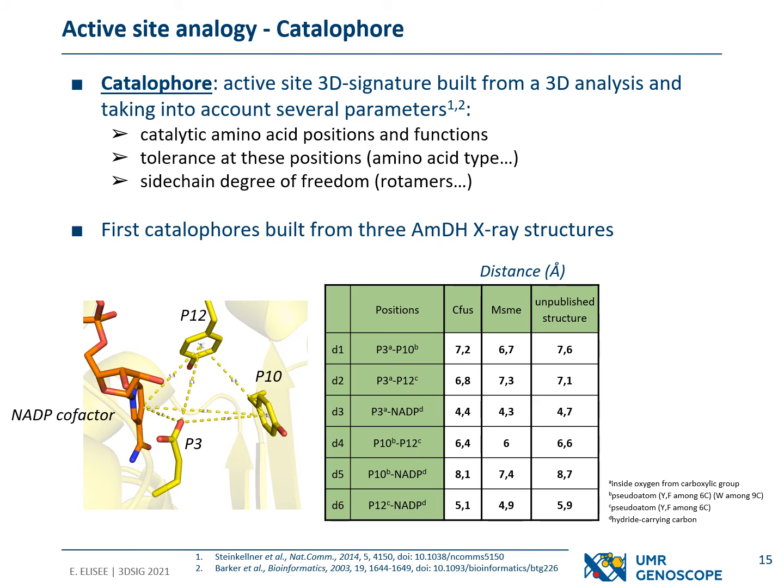As you can see on the picture on the left, and based on mutation experiments, we considered 4 points in our catalophores: 3 coming from amino acids, and 1 coming from the NADP cofactor, which is the hydride-carrying carbon.